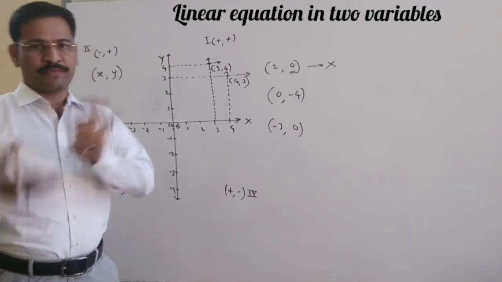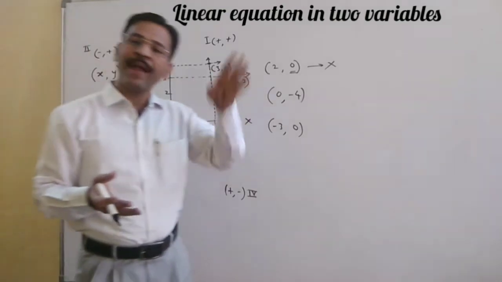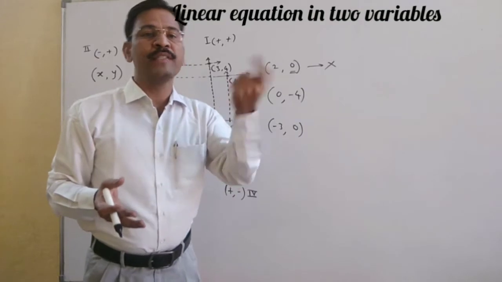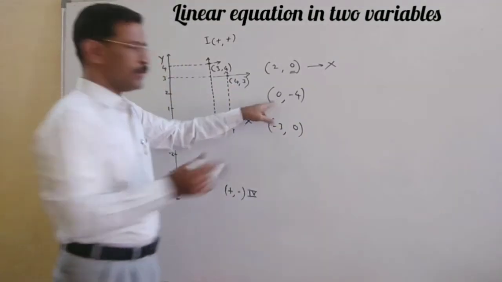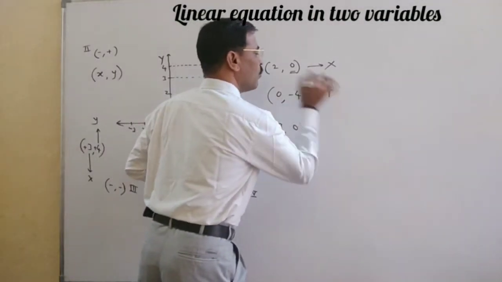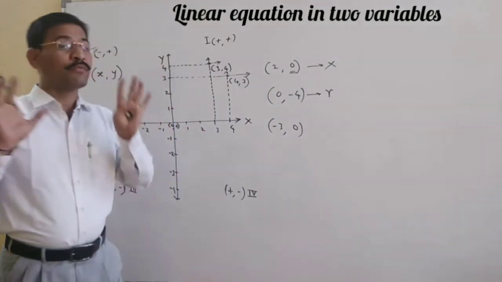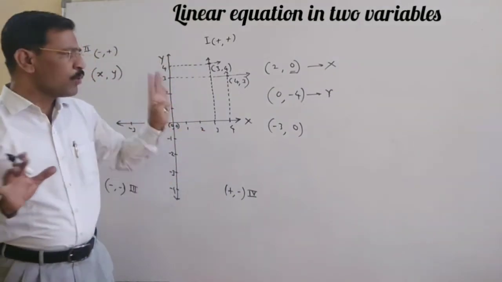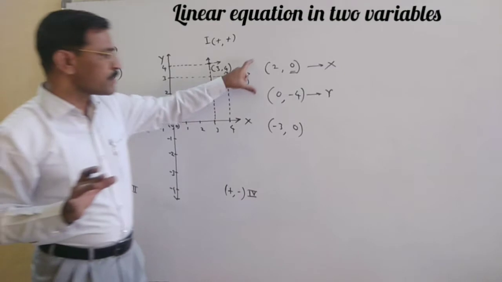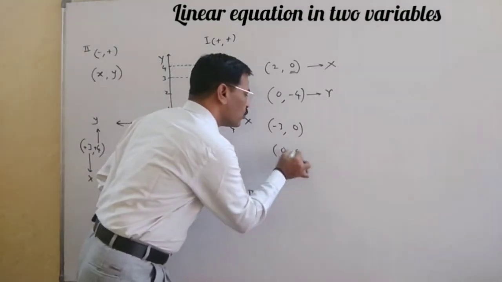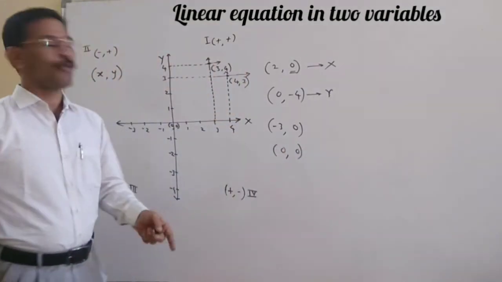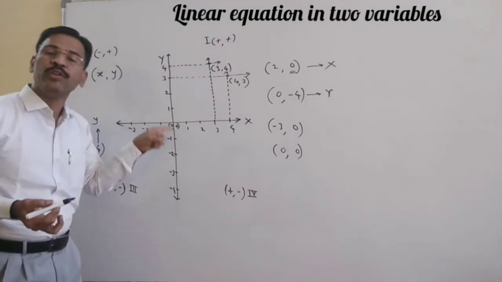Similarly, vice versa, if a point lies on the y-axis, its x coordinate is always 0. Understand? This is very important. Now sometimes both are 0, then that particular point is the origin.